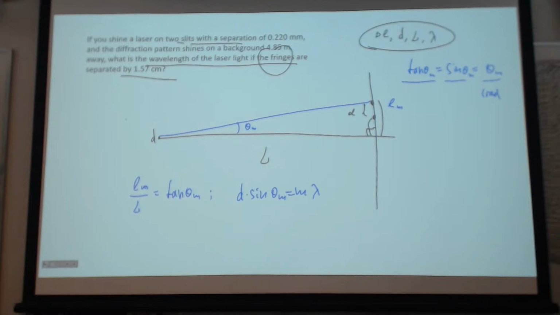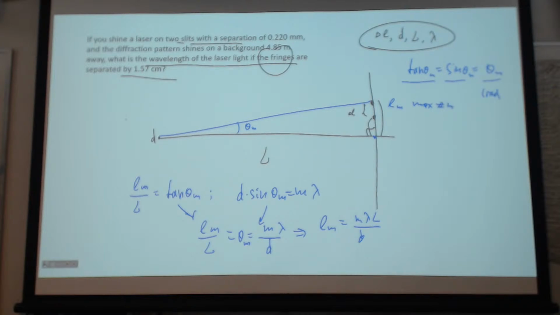So you can relate these variables because this is approximately the same angle. And that will give you how to calculate the distance from a central maximum to the nth maximum.